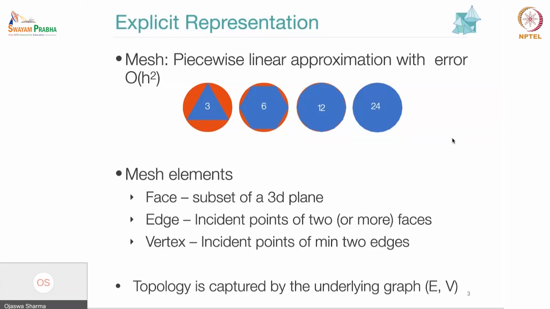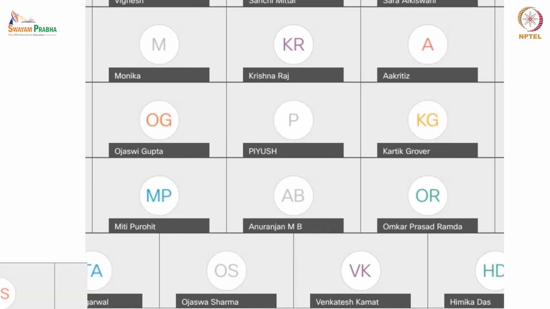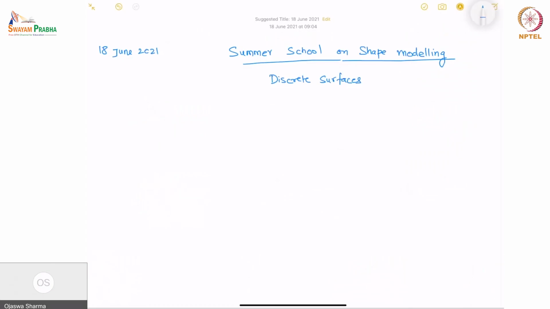So then we define a mesh as a graph. A mesh is a graph because it has two things: it has a connectivity and it has a geometry, right? So maybe now is the right time for me to write something. Let me share my screen quickly. So what is a mesh?